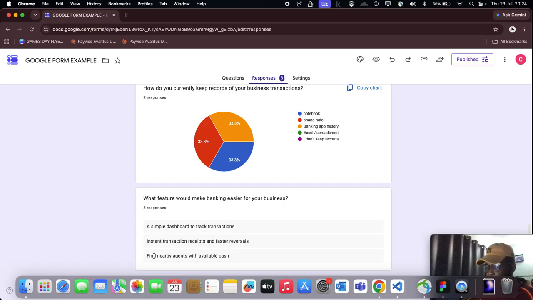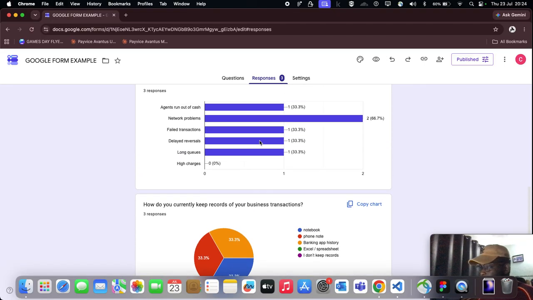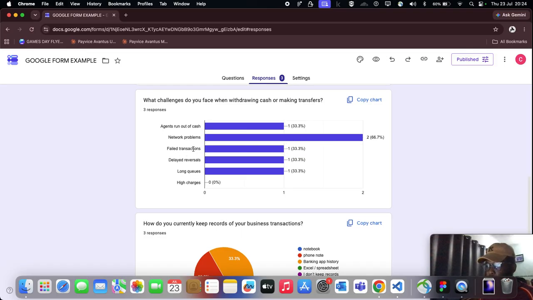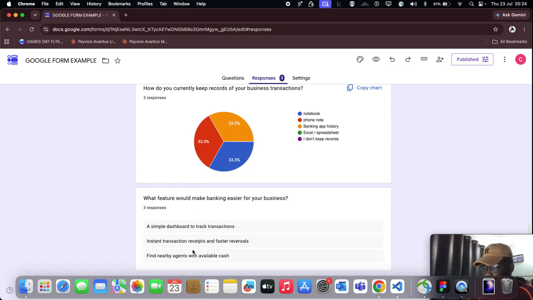Do you get? Another person says find nearby agents available with cash. And here too, somebody also said, when asked what challenges do you face when withdrawing cash or making transfers, failed transactions as well. So we have noticed that failed transaction is one of the challenges that our users face. I've also realized that they need faster reversals. That's also their challenge, and they would want that to be solved, right?